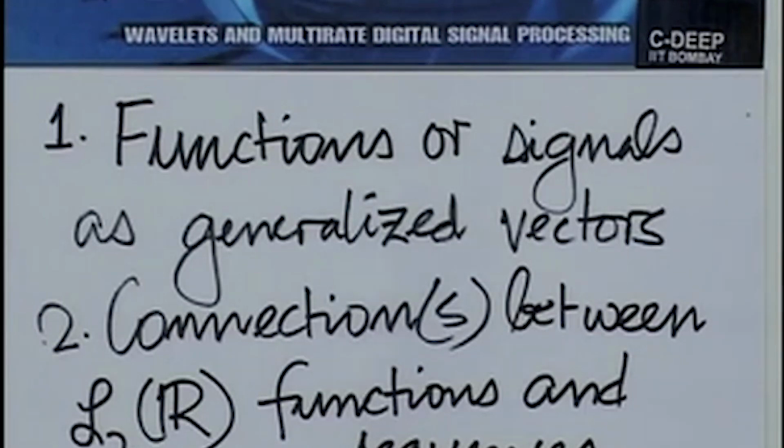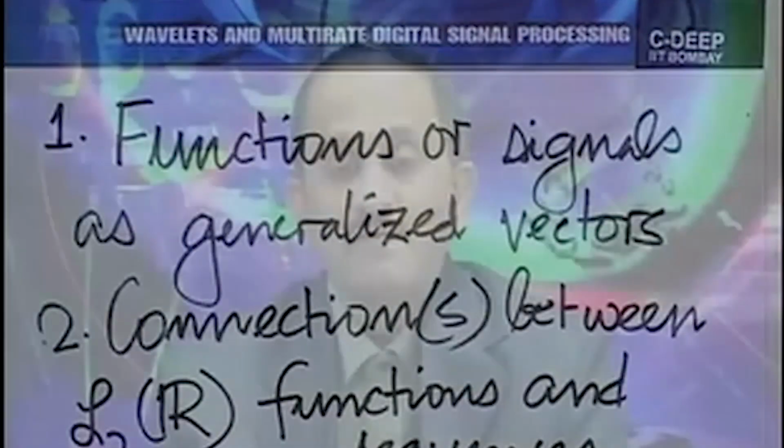So, what we are going to show in the latter part of this lecture is that one can intimately relate processing of a function to processing of an equivalent sequence, and whatever we are doing to try and gain information from or modify a function can be done by equivalently processing or modifying that sequence corresponding to the function. Let us then embark on the first of these two objectives now.